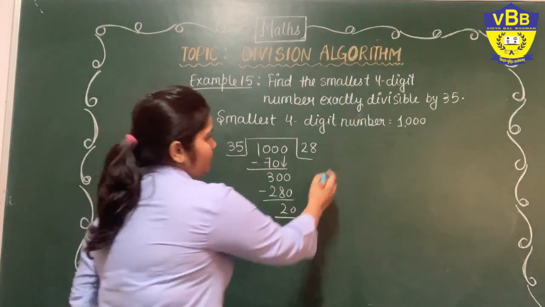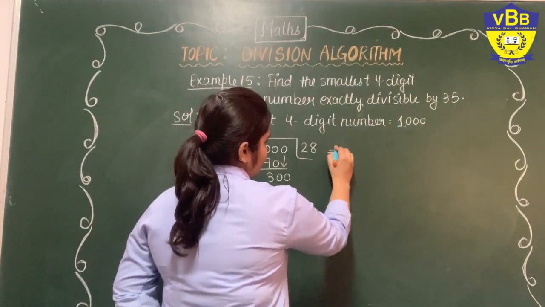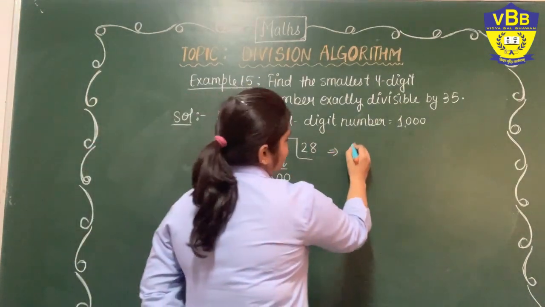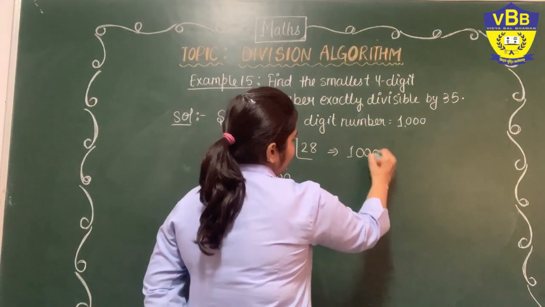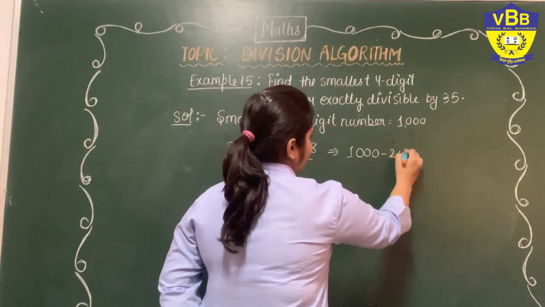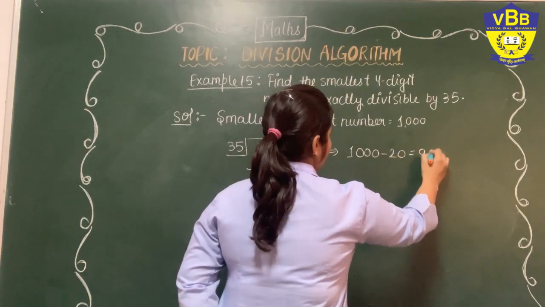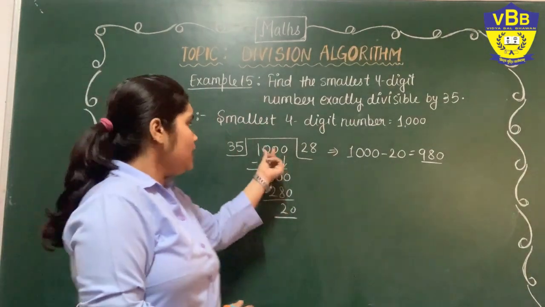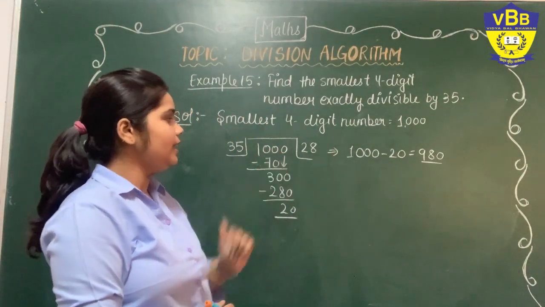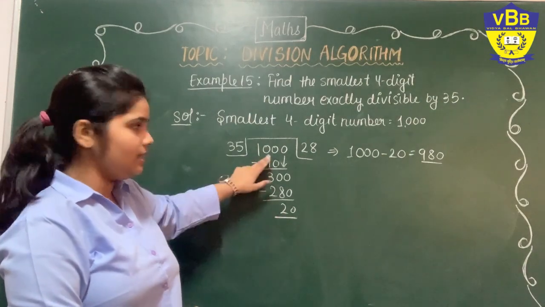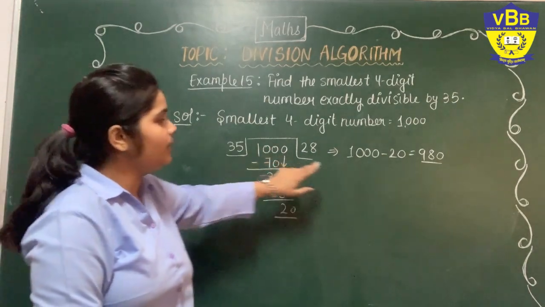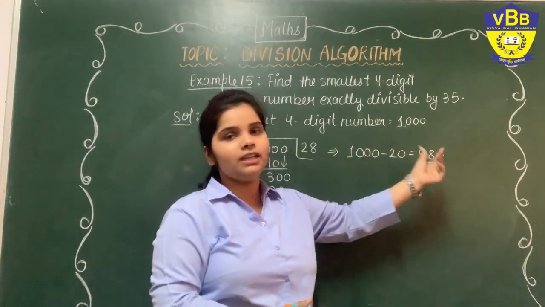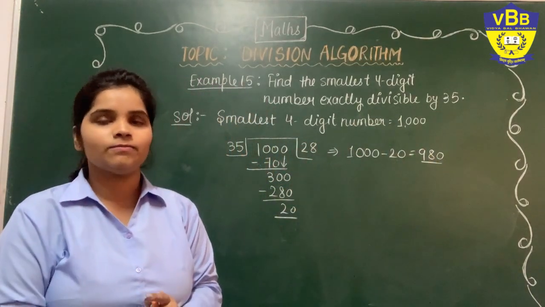That means 1000 minus 20. That gives us 980. That means if this number was 980, which is 20 less than 1000, it will be completely divisible by 35.